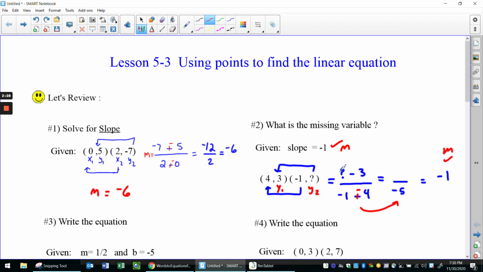So we would just write question mark -3 over, and then this is our x1, right? And x2 is my -1 here, subtracted by x1, which is 4. And I changed the minus into a plus, and so you see that this is -1 plus -4, which gives you -5.